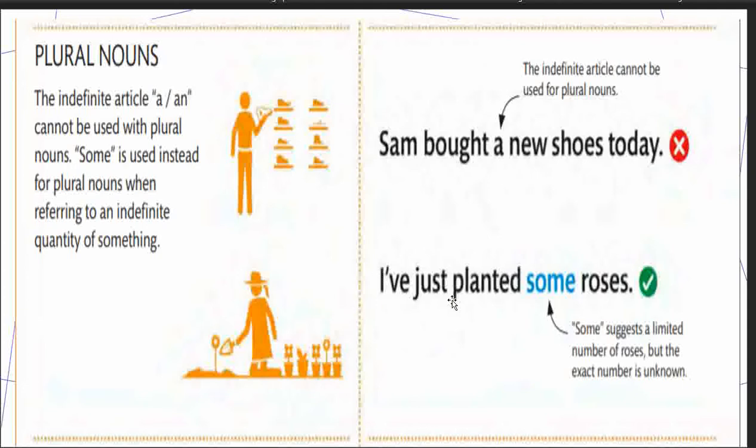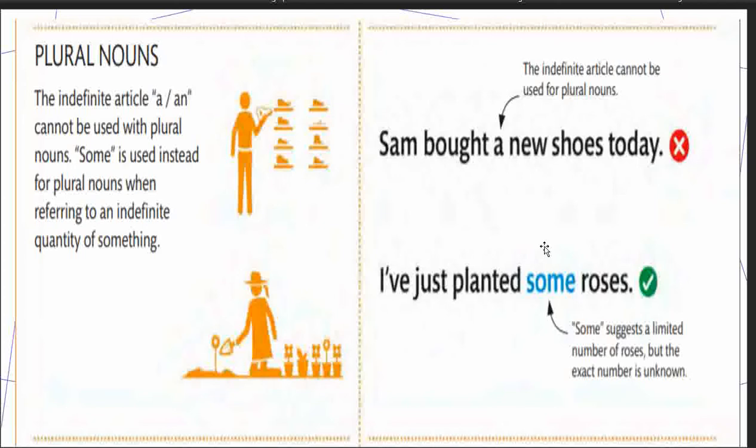I have just planted some roses. As mentioned earlier, you cannot use a or an for plurals. Instead, the word some is used. So now let us see how it is used. I have just planted some roses. You cannot say one rose, two rose, three rose, because at present, at the time of speaking, you don't know the correct number. It's unknown.